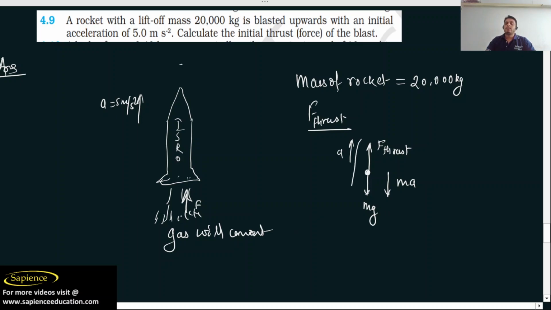So all three forces are acting on this rocket. If we equate the forces, F thrust is equal to mg plus ma.